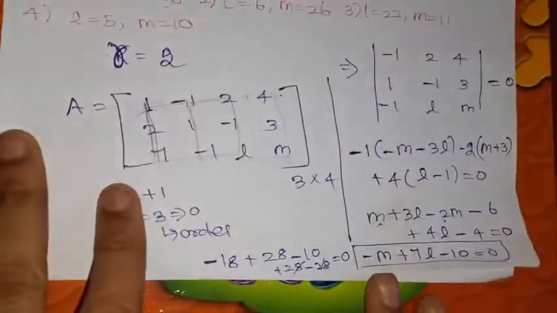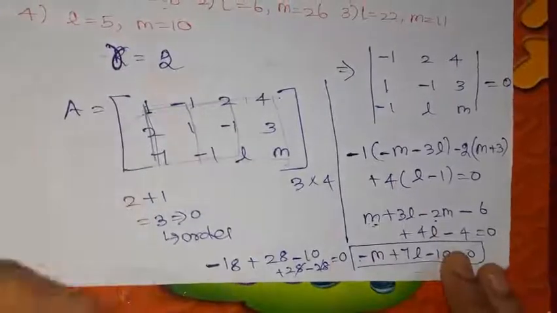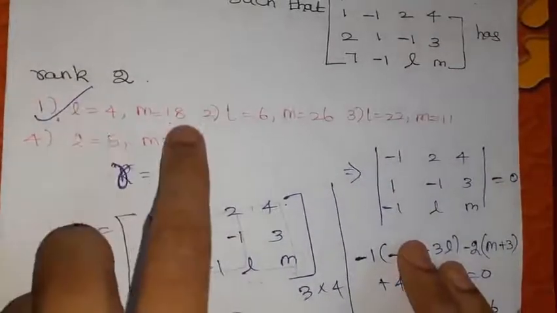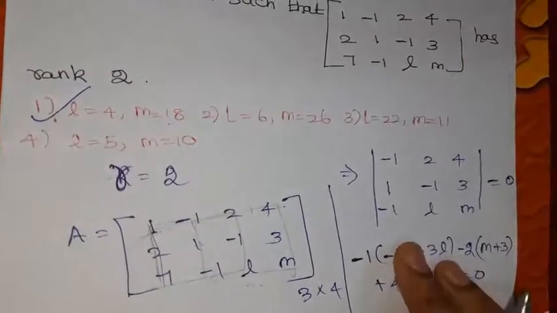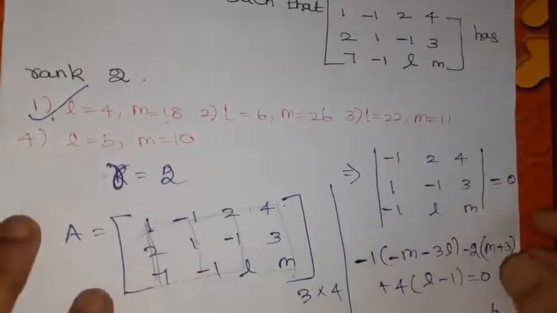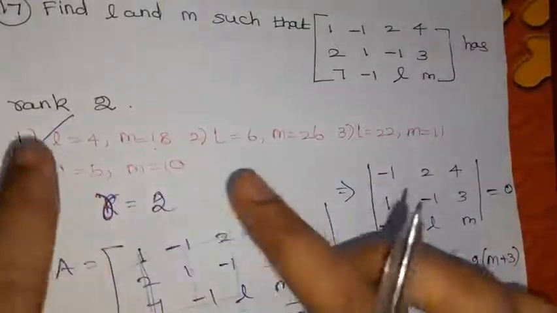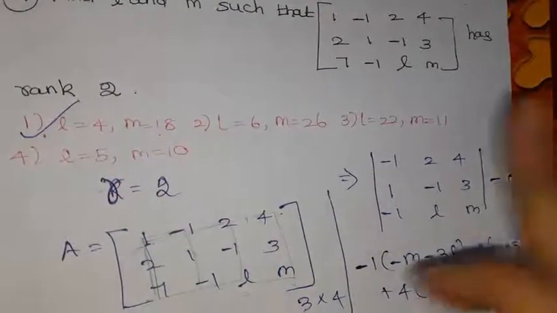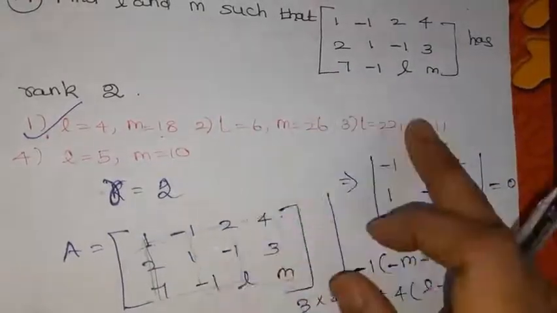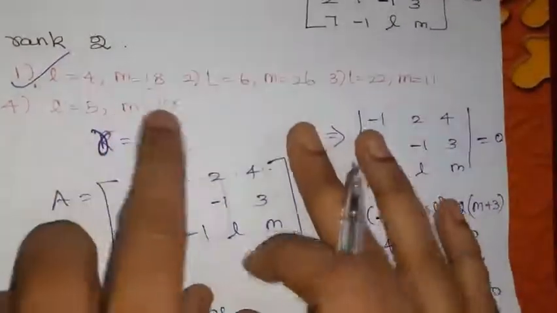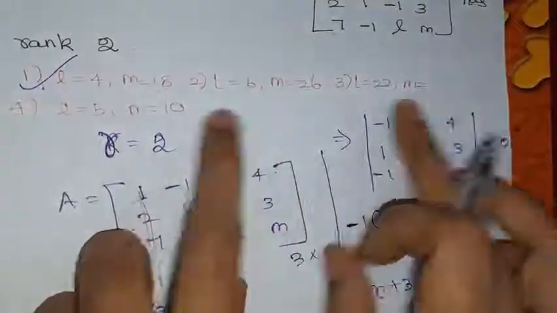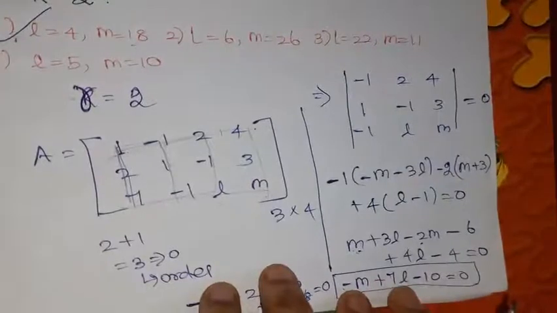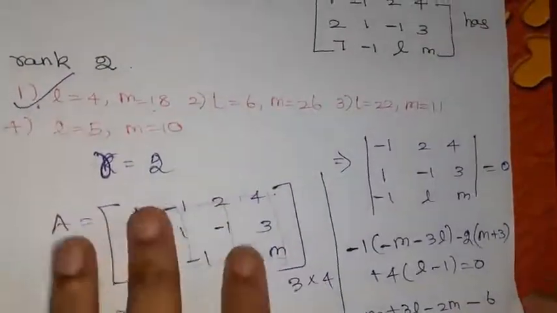No need to stop there; from the options we can put in the L and M values and see which one satisfies this equation. From the exam point of view, we need to check each and every option. I have already checked these options, and they do not satisfy this equation, so this is the correct one. You can check it later.